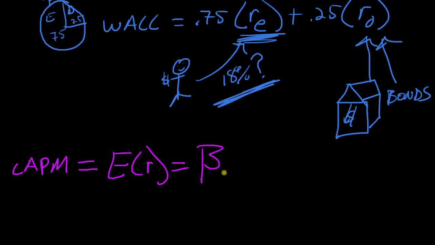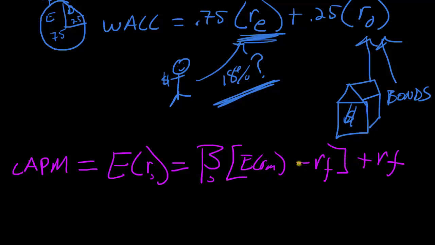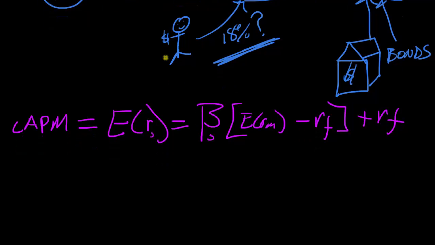It is calculated by the beta of the stock times the expected return of the market minus the risk-free rate, plus the risk-free rate. And this tells us what this guy is expecting.